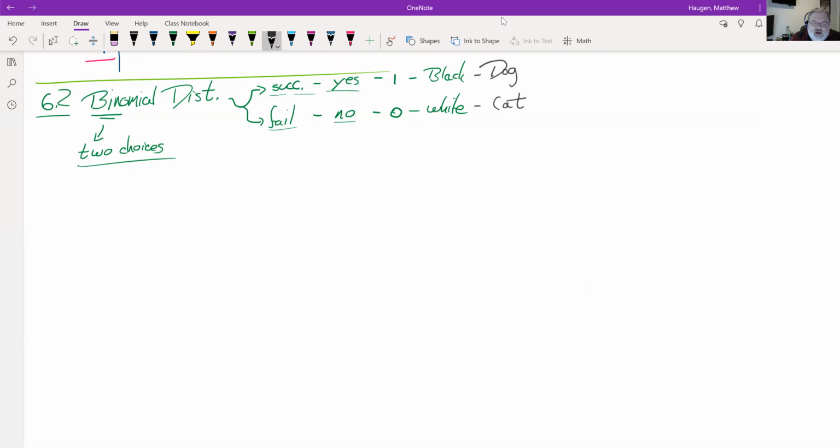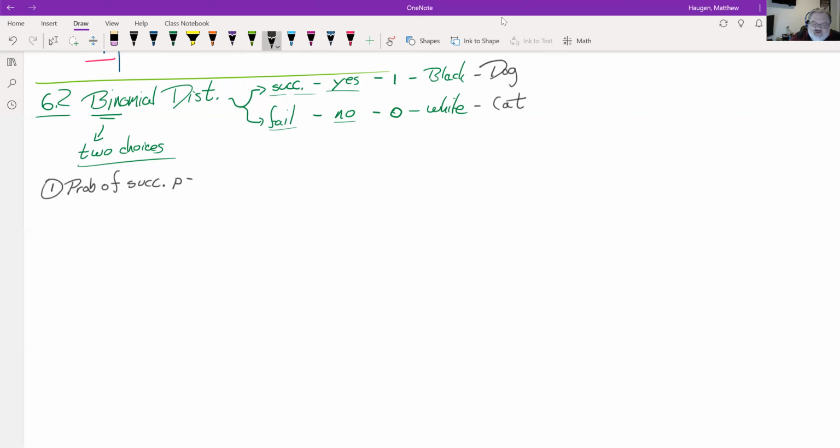So when we talk about binomial distributions, we really talk about the proportion of successes versus failures. So in a binomial distribution, the big thing we're going to care about is the probability of our successful results. So the probability of a yes, essentially. So the probability of success, we will generally label it with a lowercase p.